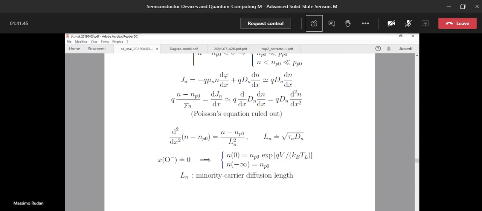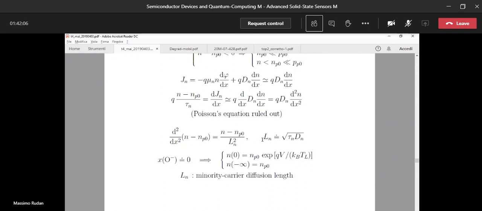The diffusion coefficient is an area over a time. So the product tau n times Dn is an area. The square root of it is a length.